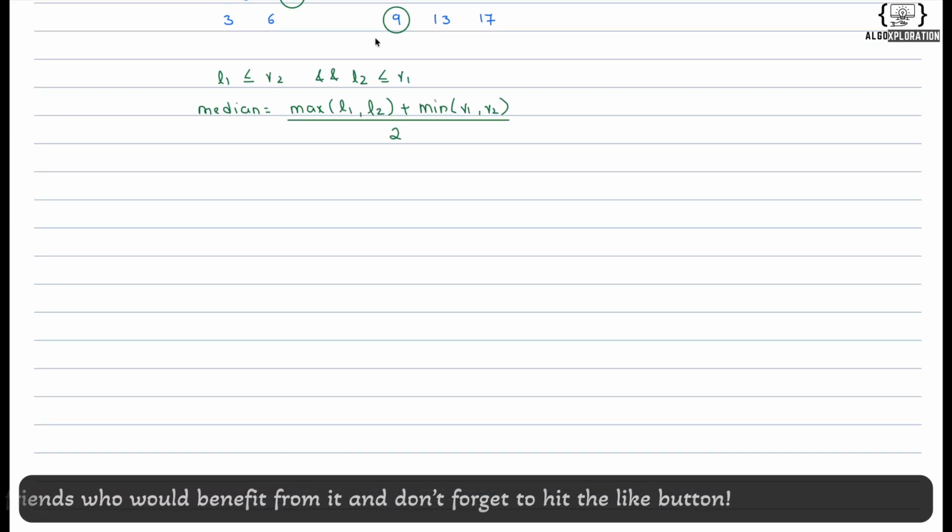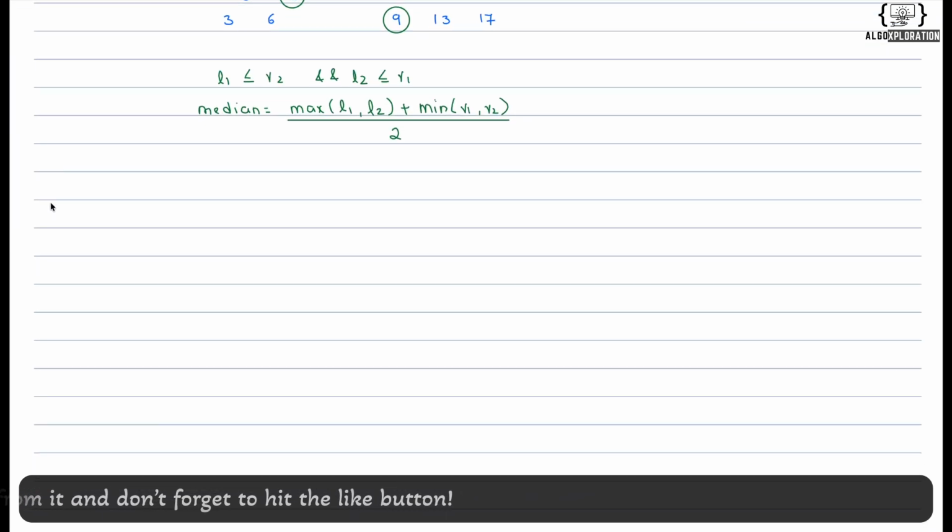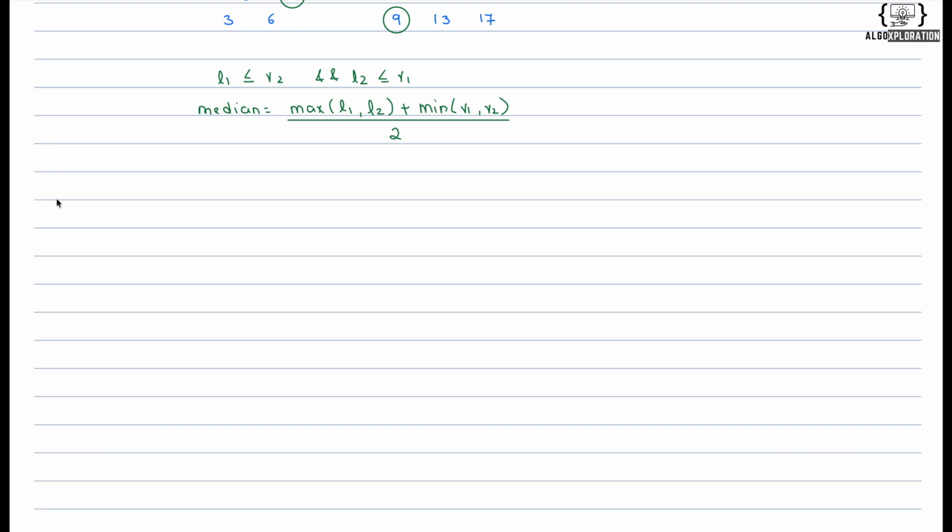So let's see, how many elements can we pick from the array A? In the lowest of low, we can pick 0 elements. So low will be 0. Now, what will be the value of high? At max, how many elements can we pick from the array A? From array A, we can pick all the elements.